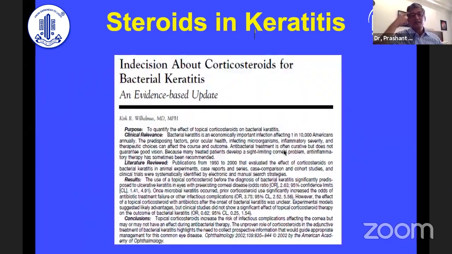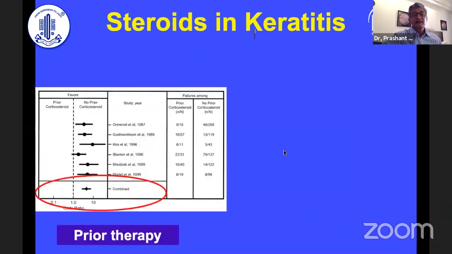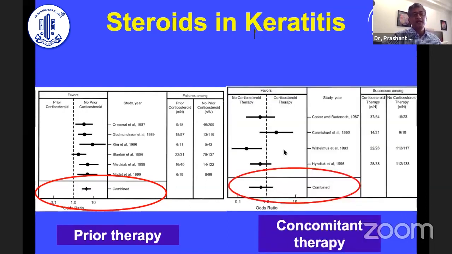Kirk Wilhelmus published this beautiful article in 2002 where he tried to do a meta-analysis of all the literature that was published until that point of time and talked about indecision about the use of corticosteroids for bacterial keratitis. He found that most of the literature very clearly documents that prior corticosteroid therapy can lead to worse outcome in patients of bacterial keratitis.